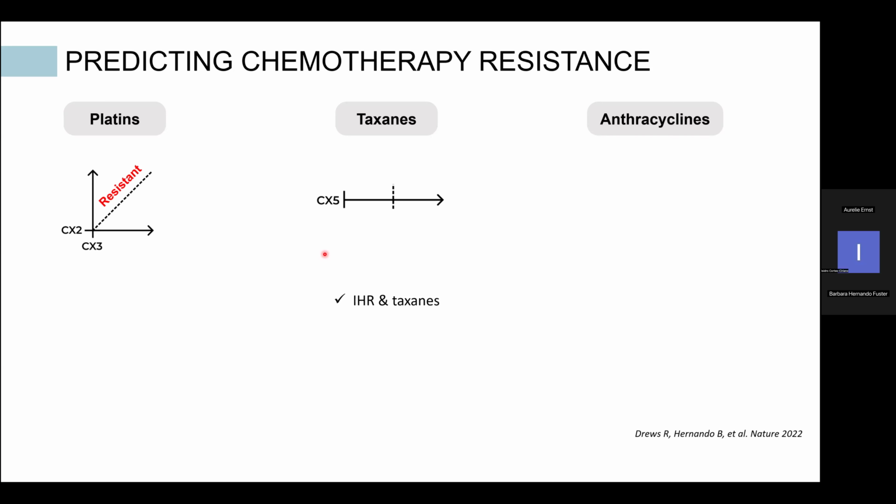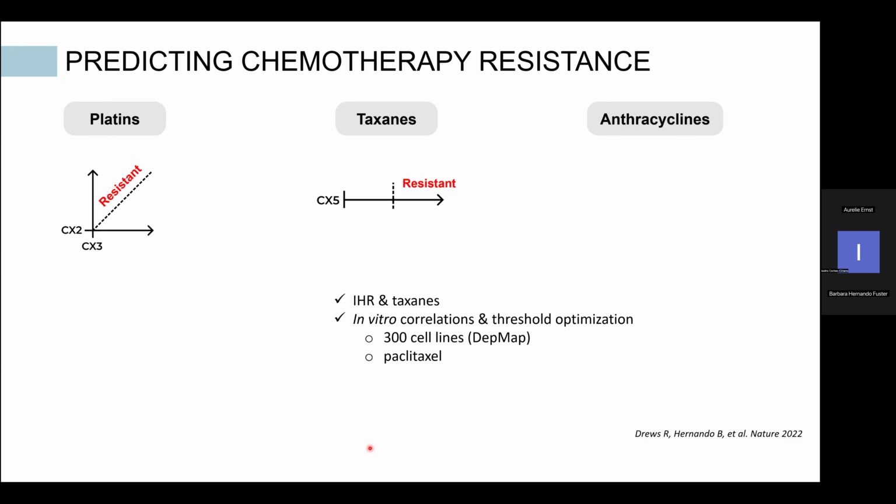And for creating this classifier and to demonstrate the ability of CX5 to classify patients as resistant or sensitive to taxanes, we use in vitro data coming from the Deep lab. So what we did was to correlate the activity levels of CX5 with paclitaxel response. And we also use this cohort to optimize the threshold for classifying patients as resistant to taxanes.